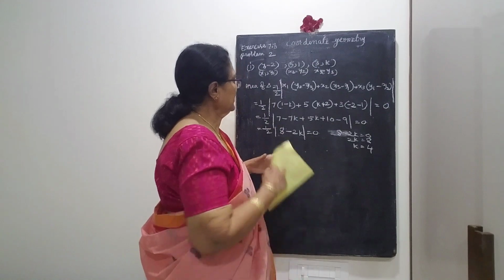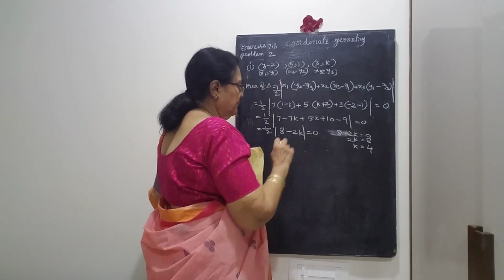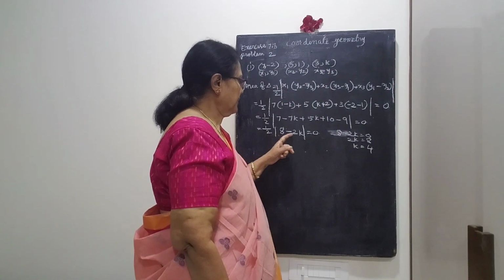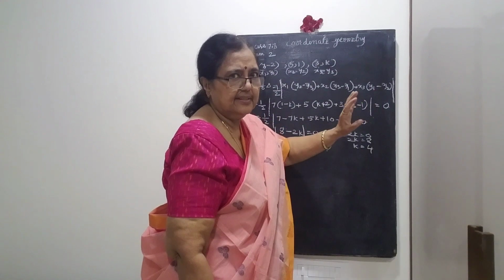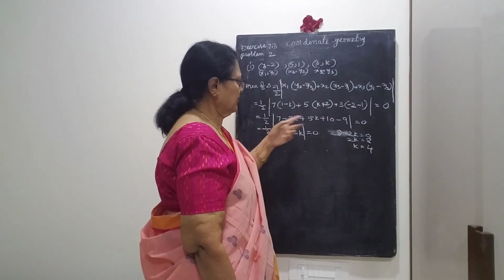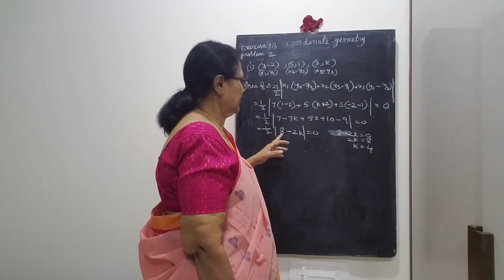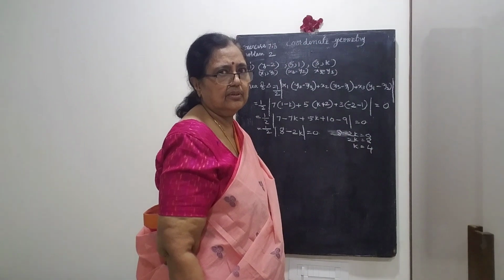Now I substituted the values of x1 y1, x2 y2, x3 y3, and we got half into 8 minus 2k is 0, because you have to equate with 0 since the points are collinear. Therefore half goes to that side and it will be 0. 8 minus 2k is 0, 2k is 8, k is equal to 4.